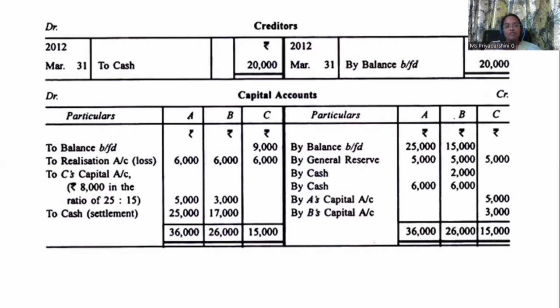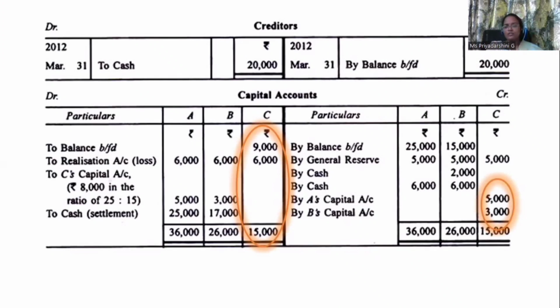And next, when you see the left side of your capital account ledger, 8,000, it's nothing but the balancing figure of C's ledger. So in C's ledger, you have a balancing figure of 8,000. So that 8,000 is a loss which is to be borne by whom? It's nothing but the solvent partners, A and B. So here if you see, they have accounted in the ratio of 25:15.